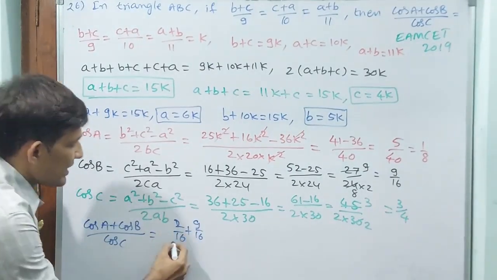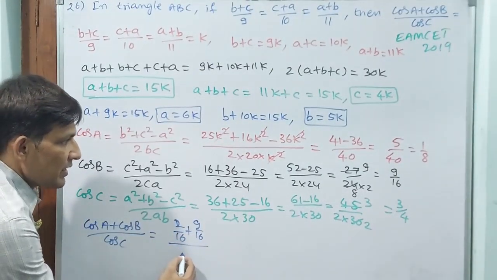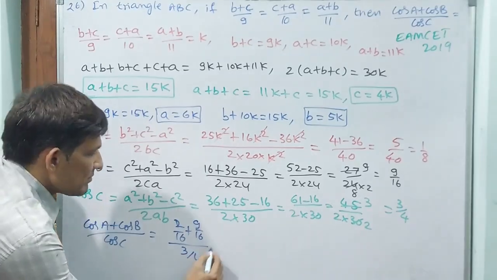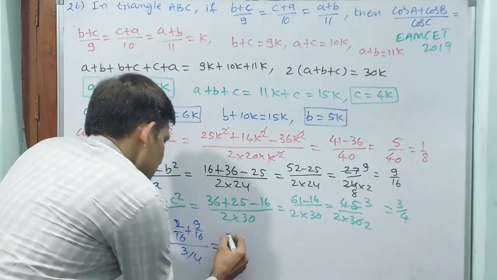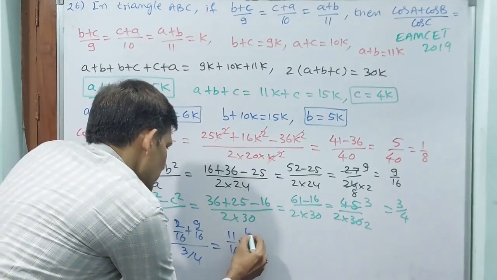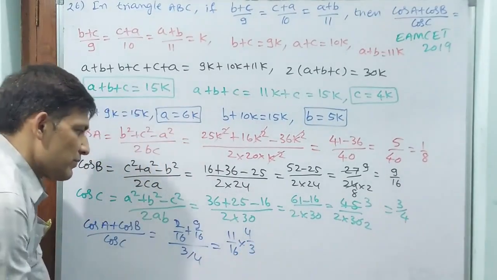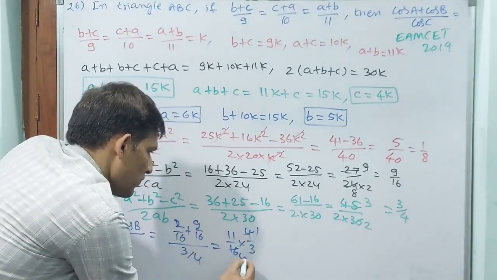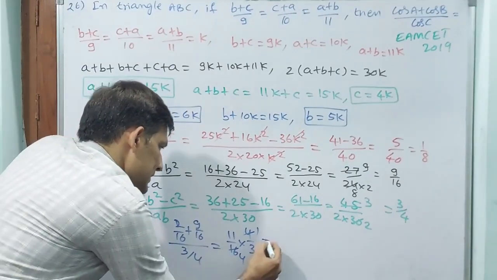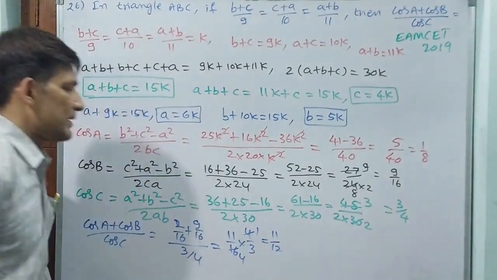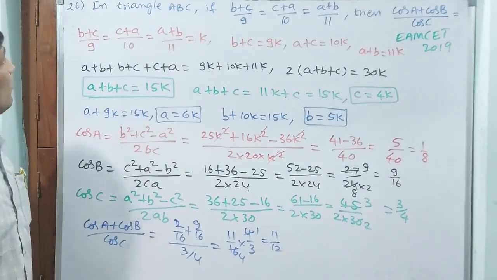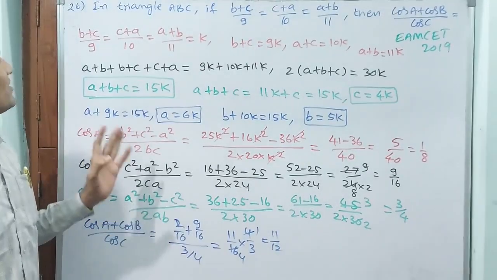Because I can take LCM like 16. Then go for 3 by 4. That is equal to 11 by 16 into 4 by 3. 3 by 4 means 4 by 3. You see, 4 ones, 4 fours, and 11 by 12 will be your answer. Even though it has taken some time, this is a good question.